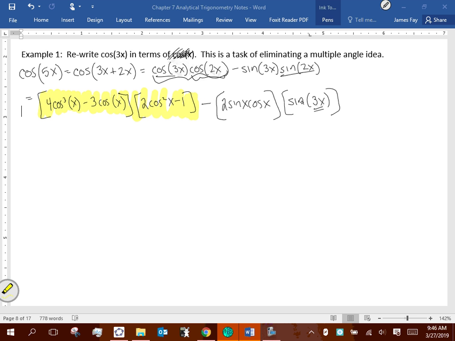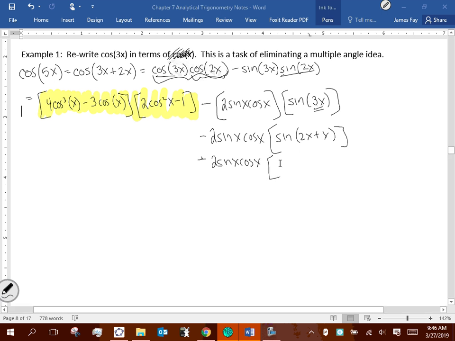Let's come over here and rewrite this thing here. So it's going to be minus 2 sine x cosine x times now sine of 3x looks like this, sine of 2x plus x. And now it's going to be minus 2 sine x cosine x. Now we go sine of 2x cosine x plus cosine 2x sine x, right?